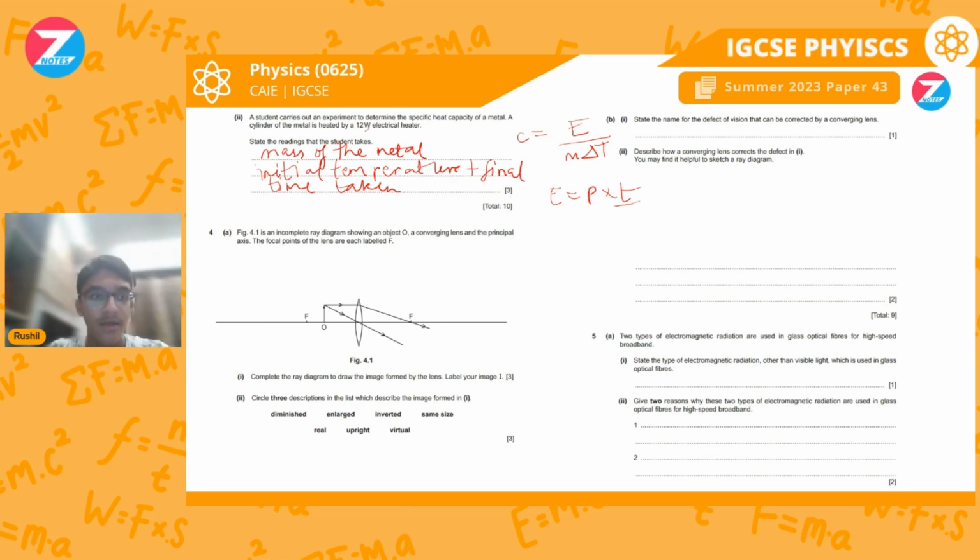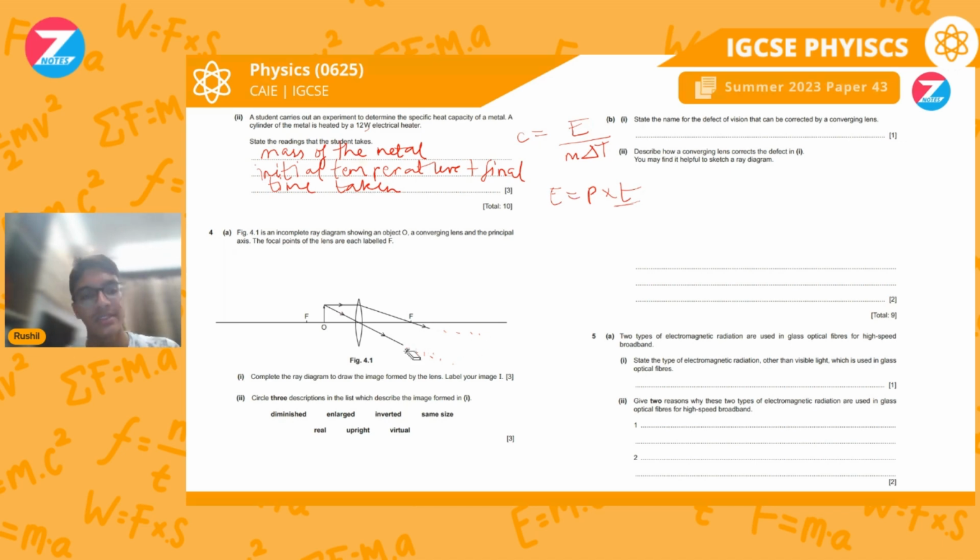For A, figure 4.1 is an incomplete ray diagram showing an object O, a converging lens, and the principal axis. The focal points are each labeled F. Complete the ray diagram to draw the image formed by the lens. Label your image I. So as we can see from this ray diagram, the two lines are moving this way, but we can clearly see that they're moving further apart and they're not gonna converge anywhere in this area.